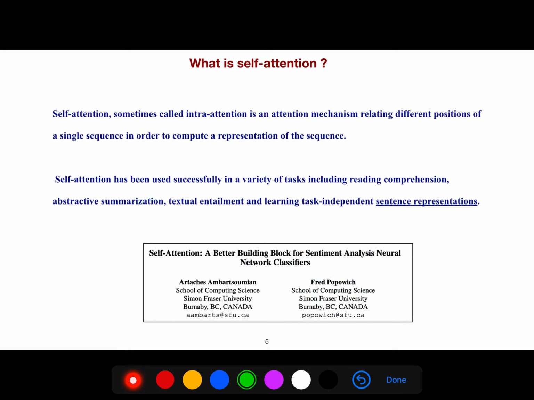So what is self-attention, which is sometimes called intra-attention? It is an attention mechanism relating different positions of a single sequence in order to compute a representation of the sequence. Self-attention has been used successfully in a variety of tasks, including reading comprehension, abstractive summarization, textual entailment, and learning task-independent sentence representation.